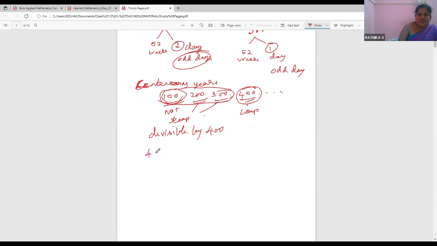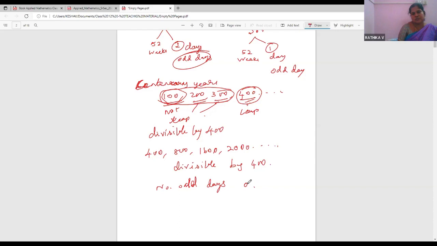We can understand 400, 800, 1600 and 2000, etc. They are divisible by 400, so they are leap years, leaving remainder 0. So here we consider the number of odd days as 0.